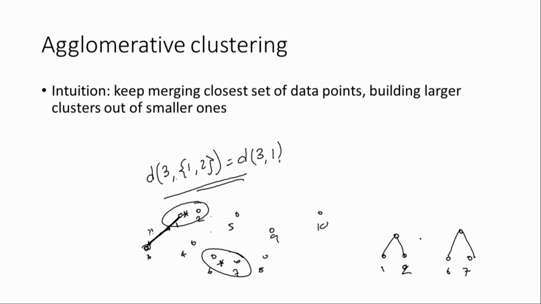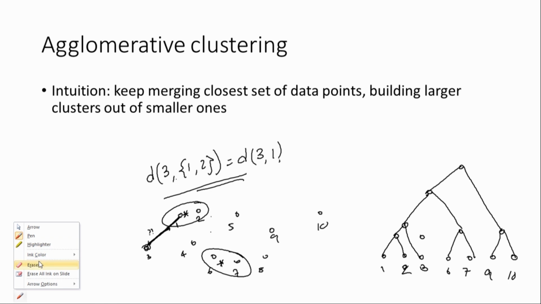Then maybe 3 is here. Then the next clustering is this. Then the next clustering may be that you put 9 and 10 together. Then the next clustering may be that this cluster and this cluster should be merged. Then maybe this cluster and this cluster should be merged. Something like this. Okay? I did it roughly and dropped a few points, but you get the idea. So what are we getting?